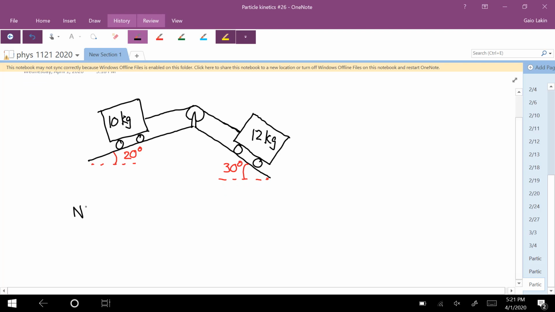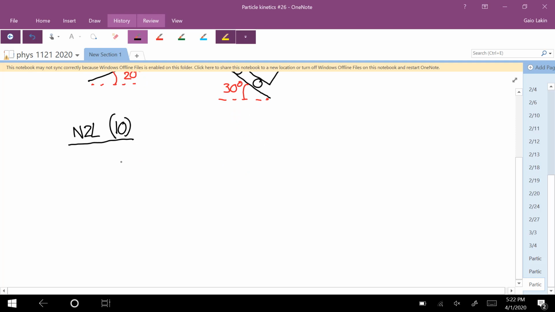Okay, so first, Newton's second law for the 10 kilogram. There's the cart and the forces. There's a weight force of 10 times 9.81, so 98.1 newtons.